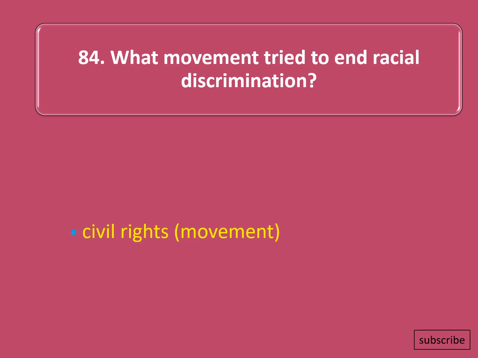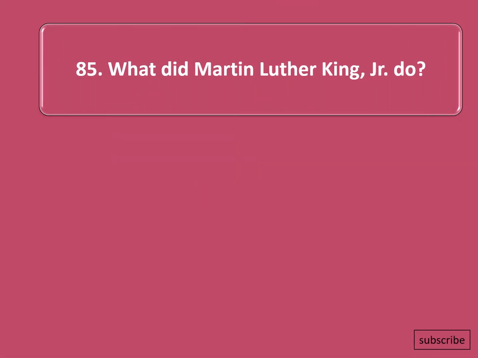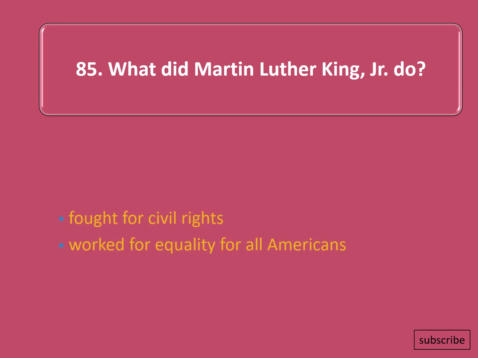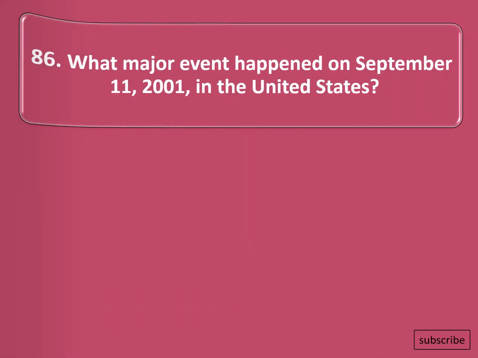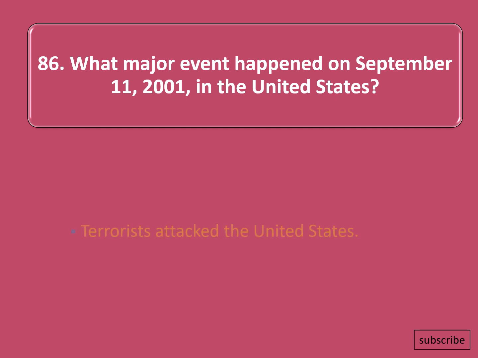Civil rights movement. What did Martin Luther King Jr. do? Fought for civil rights. Worked for equality for all Americans. What major event happened on September 11, 2001 in the United States? Terrorists attacked the United States.